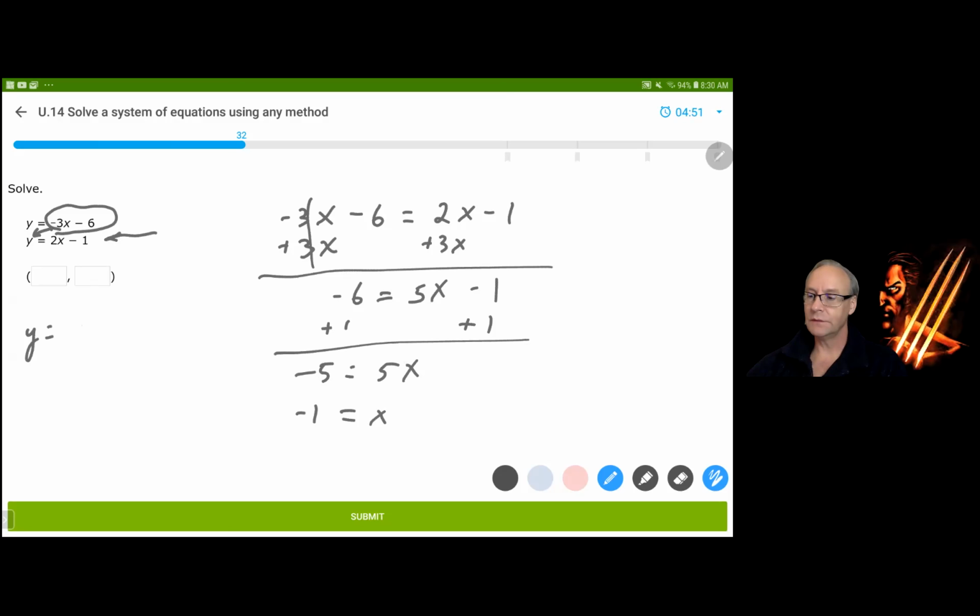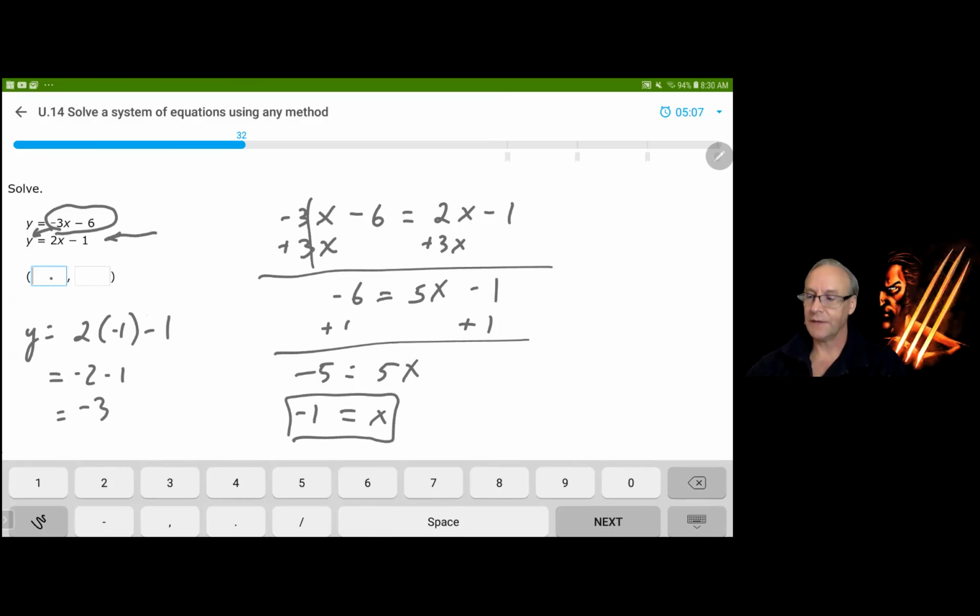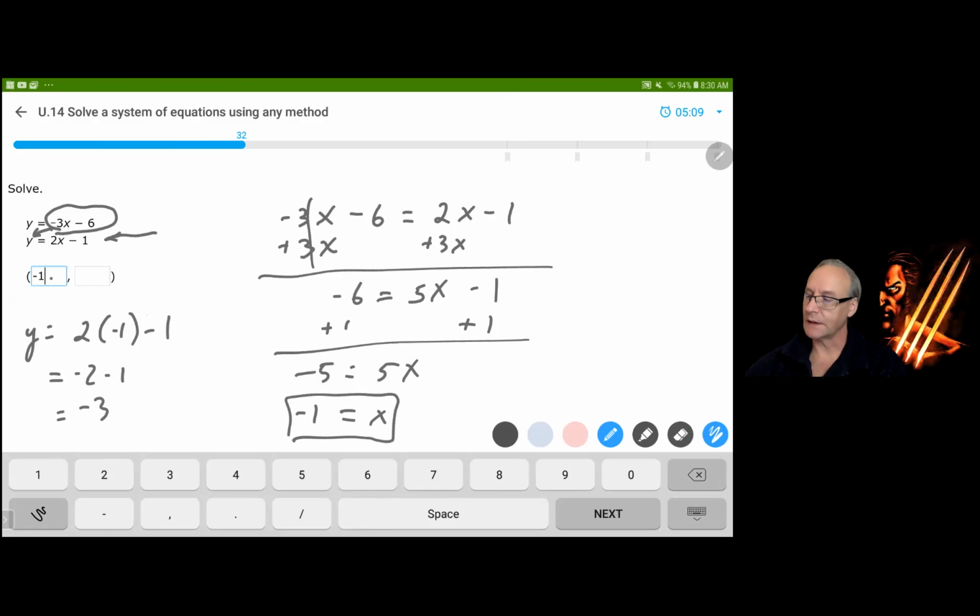So I have 2 times x, which I'm suggesting is negative 1 here, minus 1, and that is negative 2 minus 1. Write it out, is negative 3. So I think my solution is negative 1, negative 3.